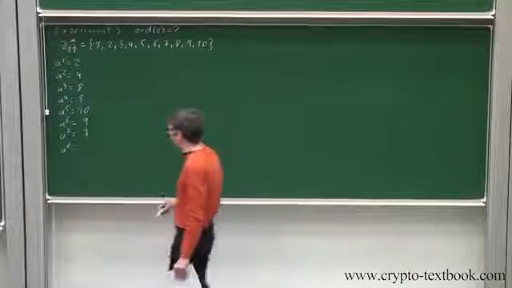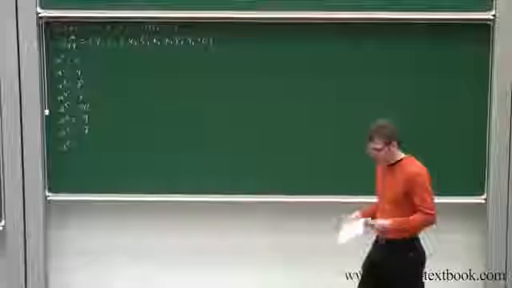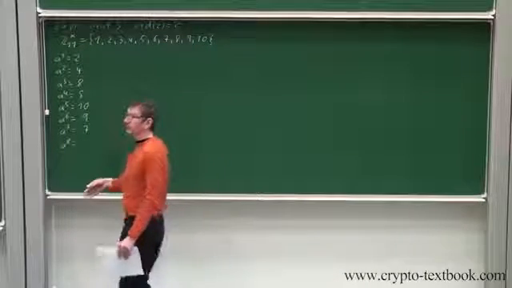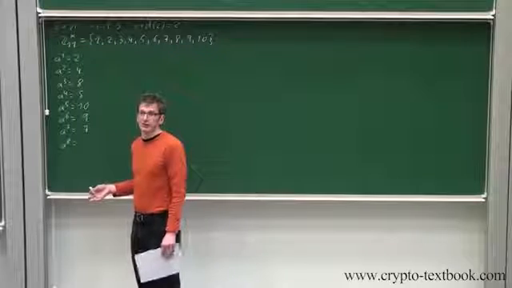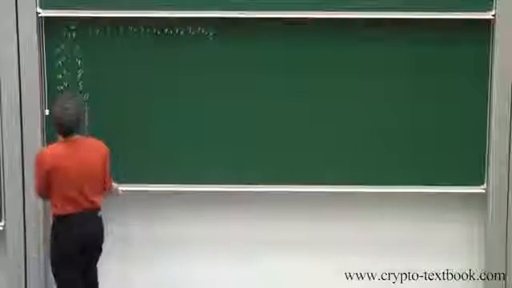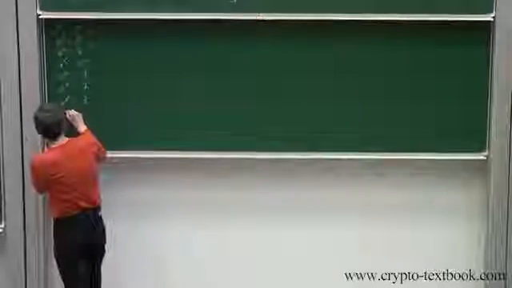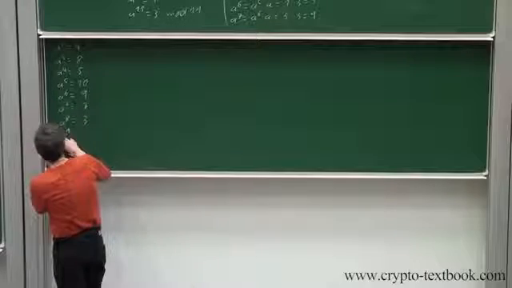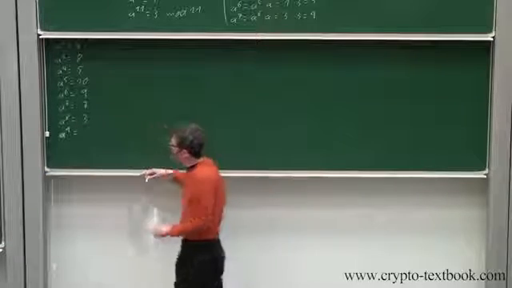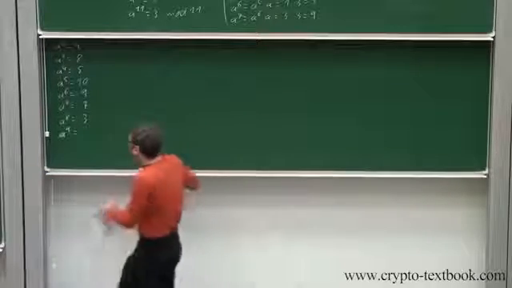A to the 8th is 2 times A to the 7, which is 2 times 7, which is 14. 14 modulo 11 is 3. Very good. We're getting there. A to the 9 is 2 times A to the 8th, so this is 6.